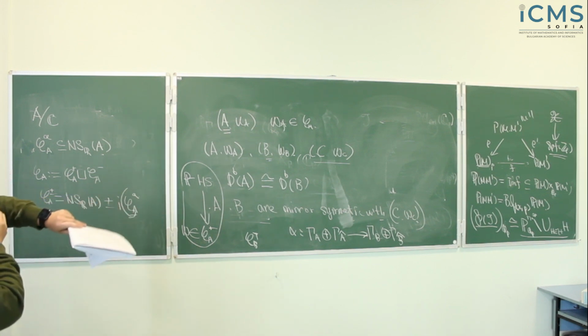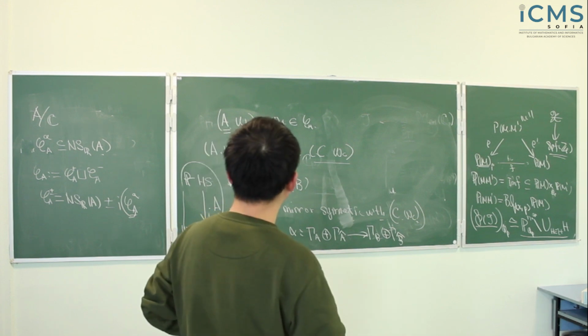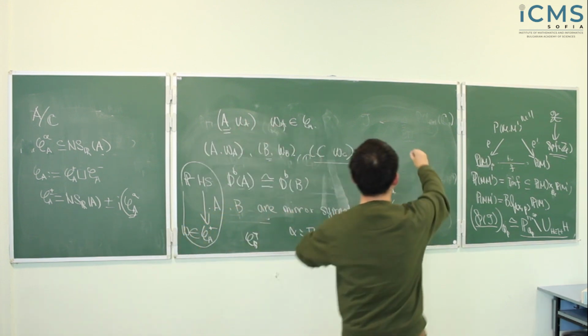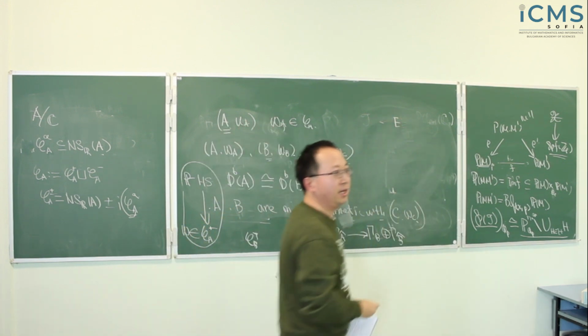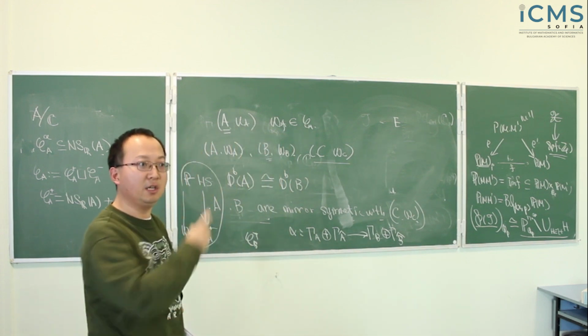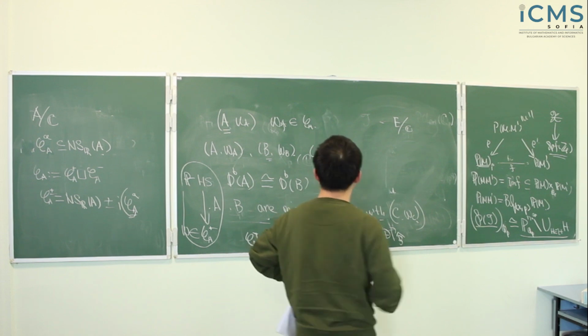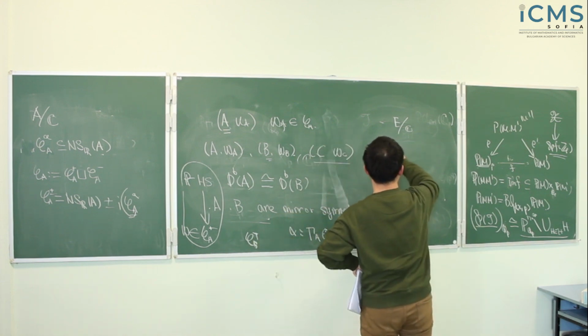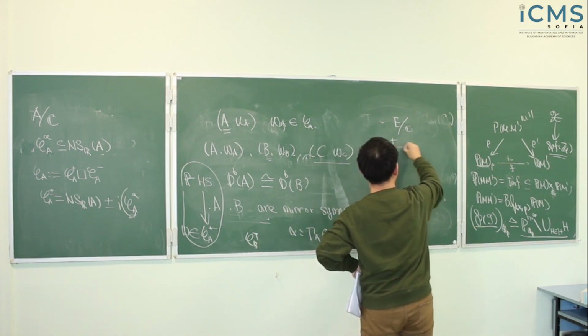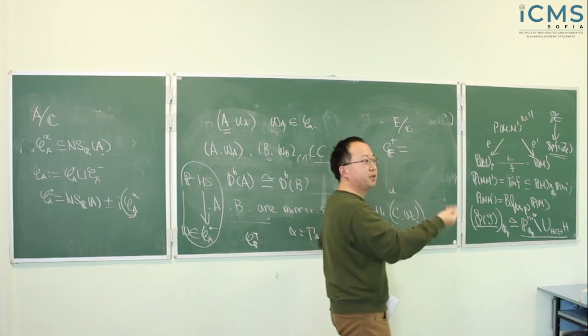You may think about an example. If you consider the simplest case, an elliptic curve E over C, you will see that the C_E plus is just the classical upper half plane.